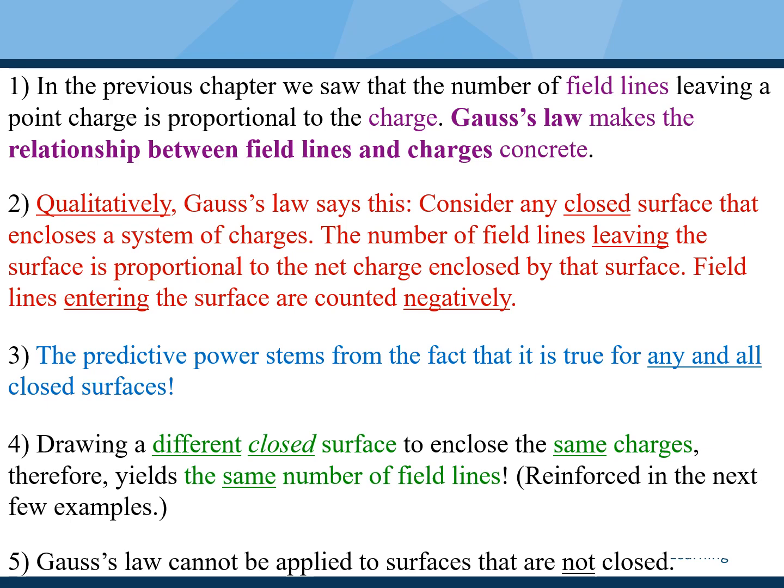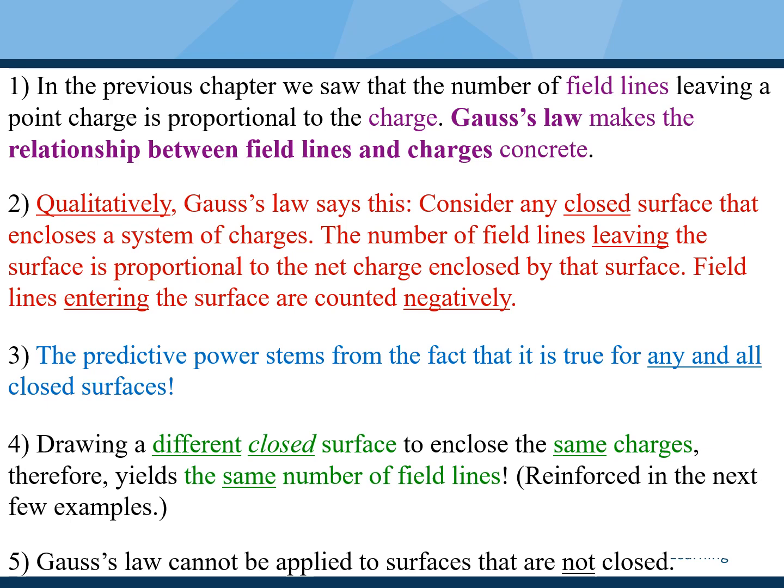Let's say you have twice of a certain positive charge, then we also understood that the number of field lines coming out of that larger charge would be twice as many. If you have a negative charge, we understood that the field lines go into the negative charge. If you have twice as much of a negative charge, you have twice as many field lines going into that negative charge.